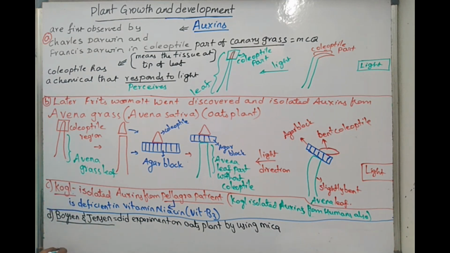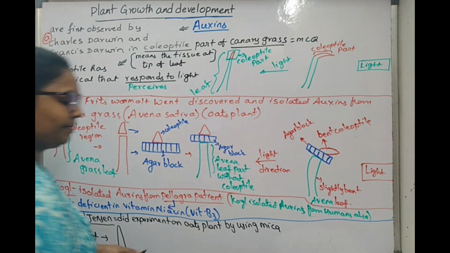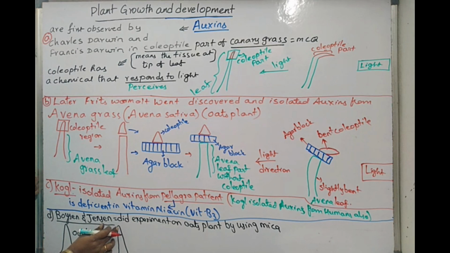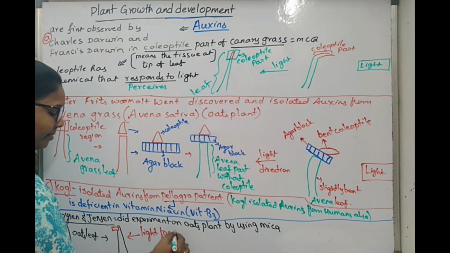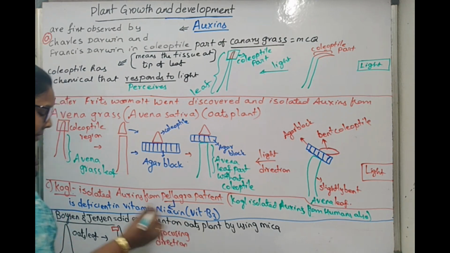Suppose this is the oats leaf. It was cut at the tip region a little bit and mica was inserted. Later, light was focused from this side. What happened?